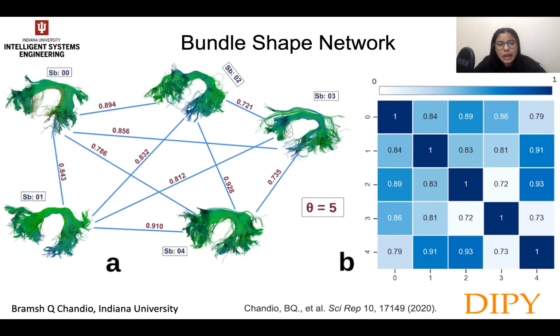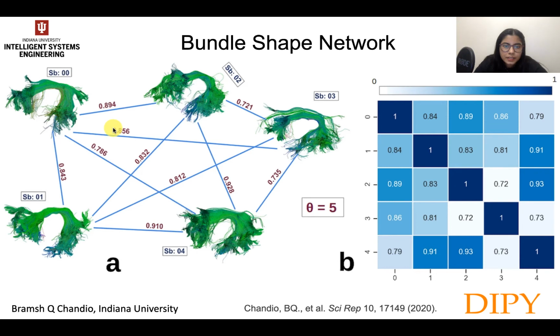Here we show how we can use this bundle shape similarity score to create bundle shape networks. On the left we have 5 subjects, and this is a fully connected network, or a graph, where each node is connected with every other node, the nodes are the bundles, and on the edges we have the shape similarity score.